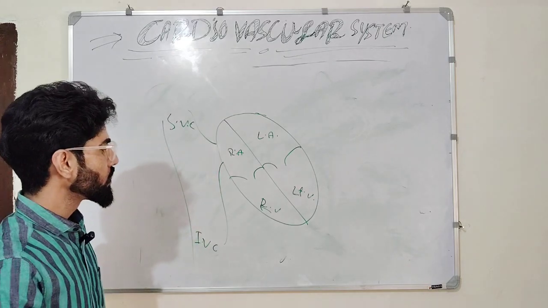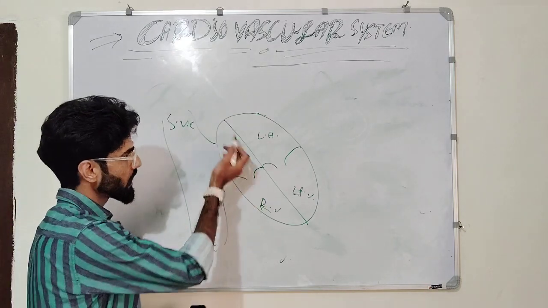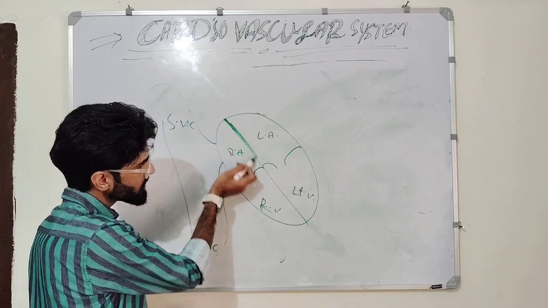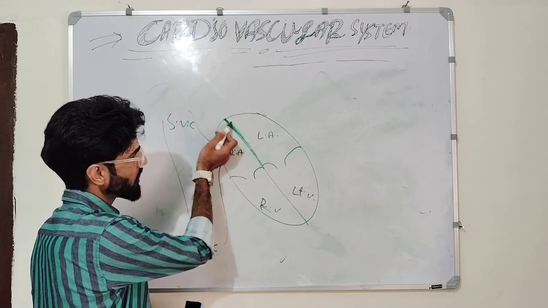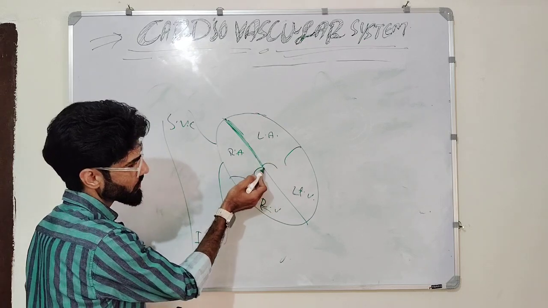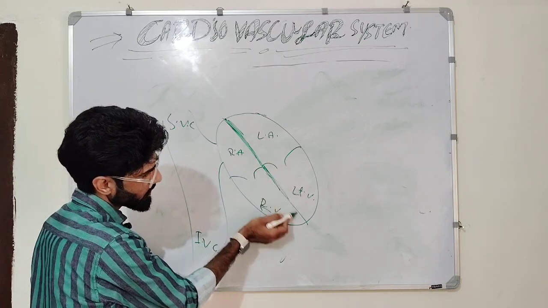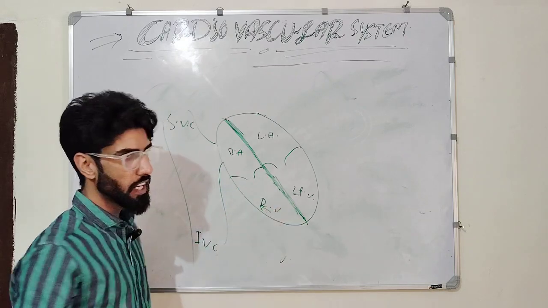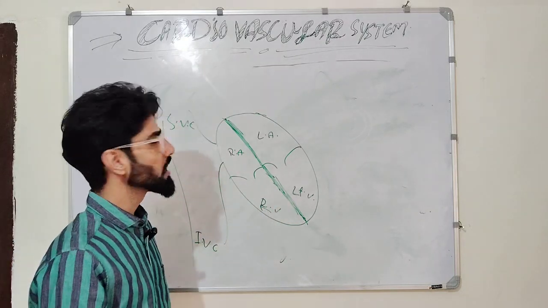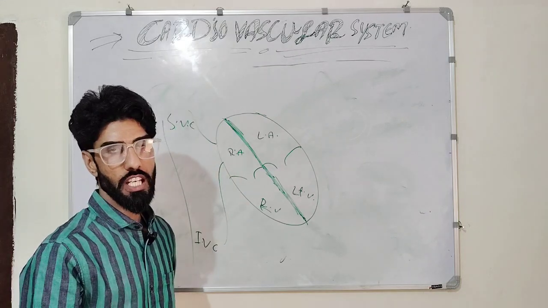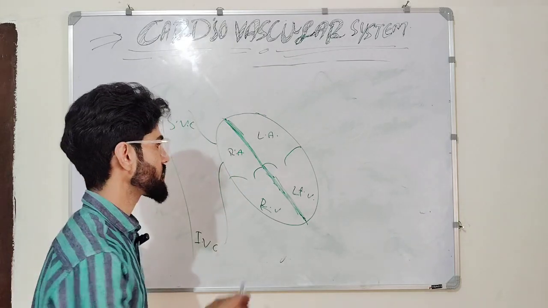Okay, so now there is a structure which will divide the two atria and the two ventricles.